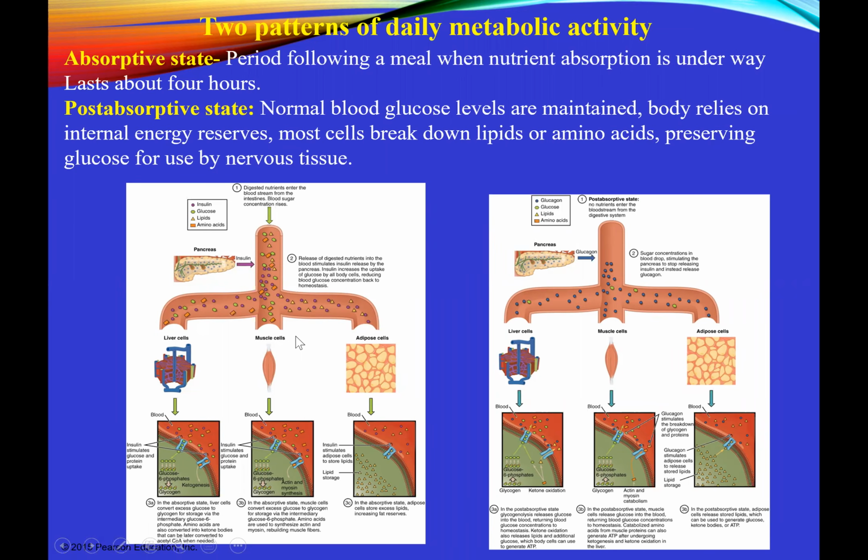When the nutrient pool is rich after a meal, the nutrients will enter the blood supply, and the blood supply is going to take all the nutrients to every cell in our body. So you can see how insulin is stimulating the uptake of glucose and protein into the cell. When it goes to the liver, if there is any excess glucose, it will store it as glycogen.